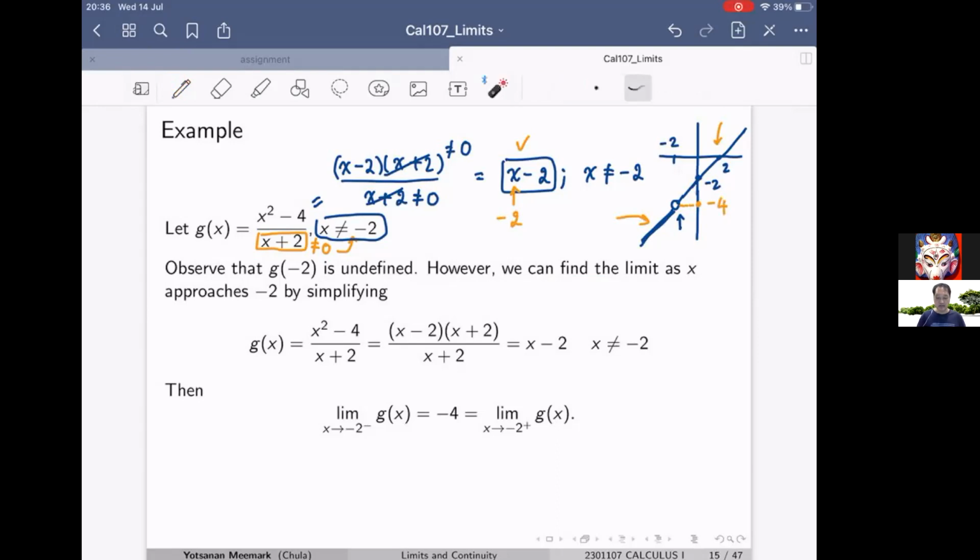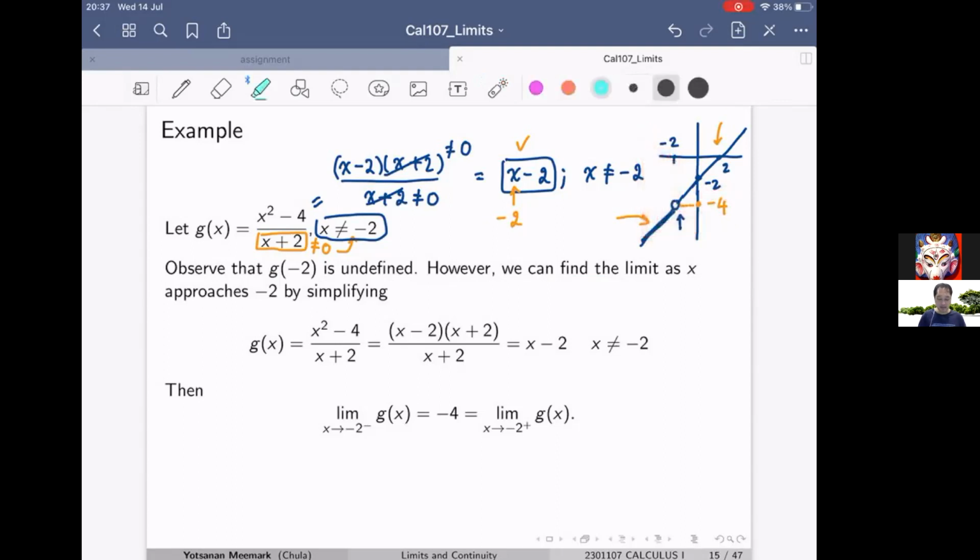So if you let yourself approach -2 from the right, for example, if you start here, this is a function value, and then the function value is getting smaller, smaller, and smaller, but it approaches what? -4. If your x goes to -2 from the left, here's a function value, and then it is getting bigger, bigger, but then it approaches what? -4.